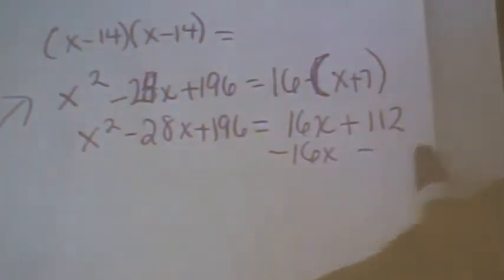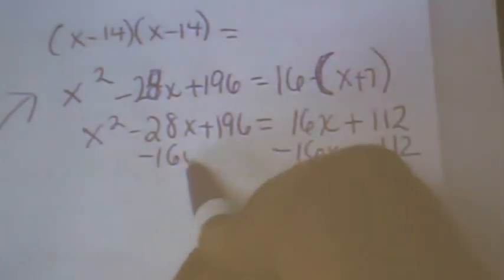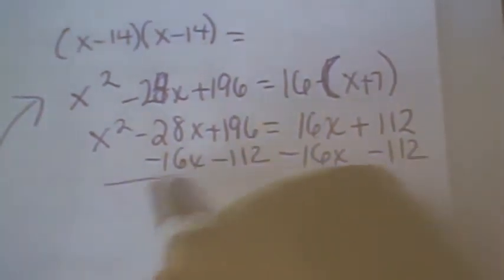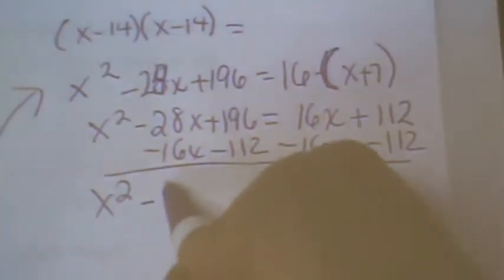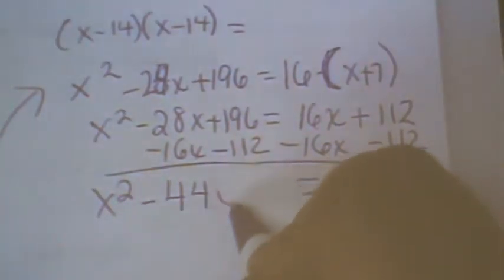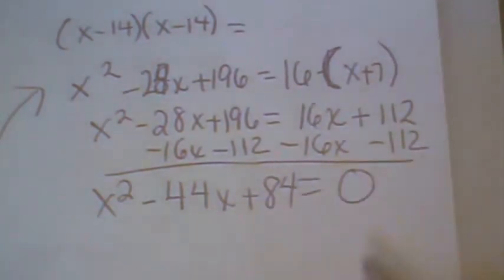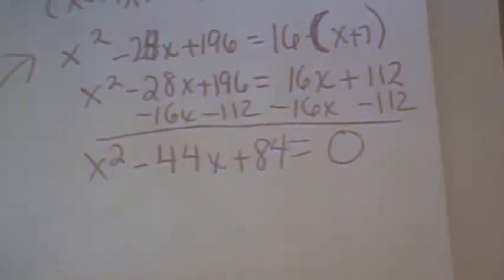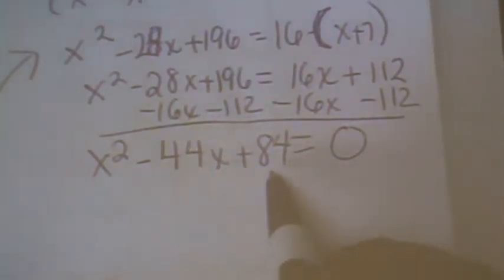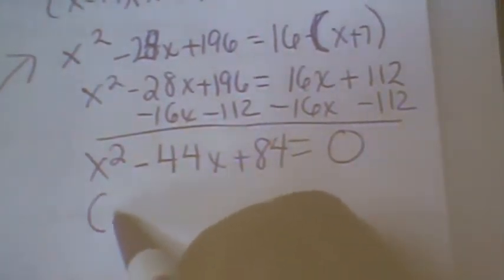Subtract 16x, subtract 112. You want a 0 on one side. This is 84. Now, we need to think, what two numbers multiply to give you 84 but add to be negative 44?